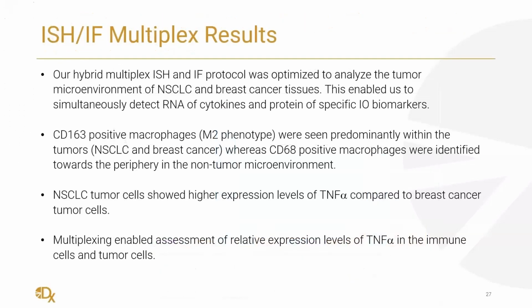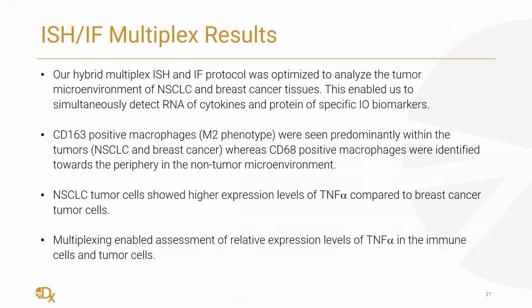So our hybrid multiplex ISH and IF protocol was optimized to analyze the tumor microenvironment of NSCLC and breast cancer tissues. This enabled us to simultaneously detect the RNA of cytokines and the protein of specific IO biomarkers.